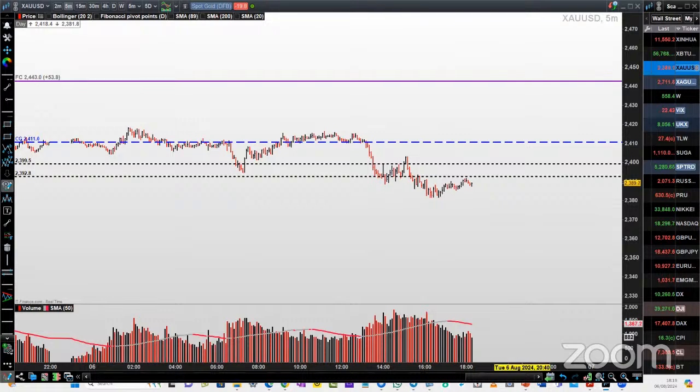Okay, so my system is designed to find out where the key entry points are and take a high probability entry.